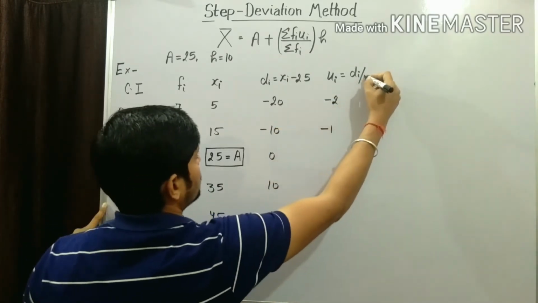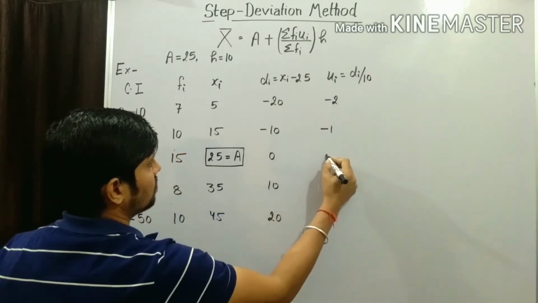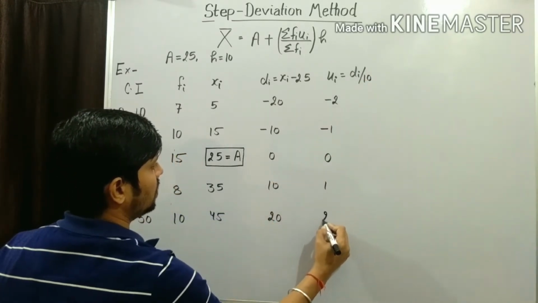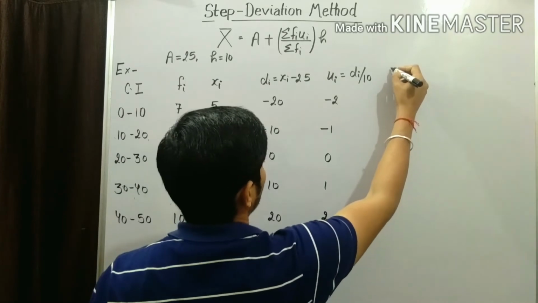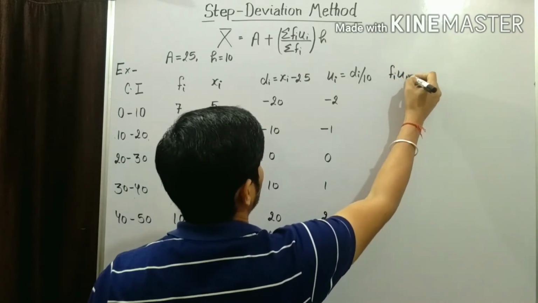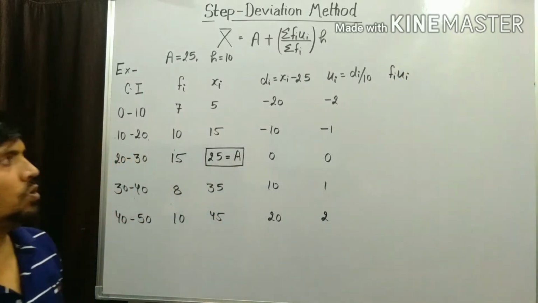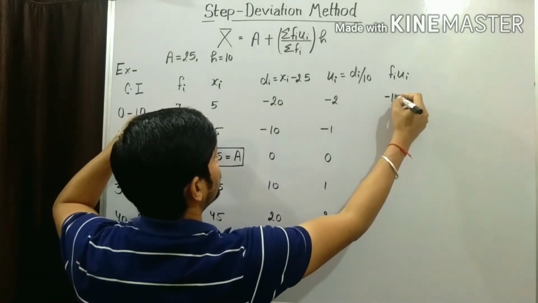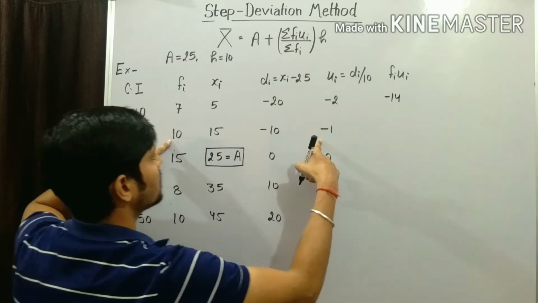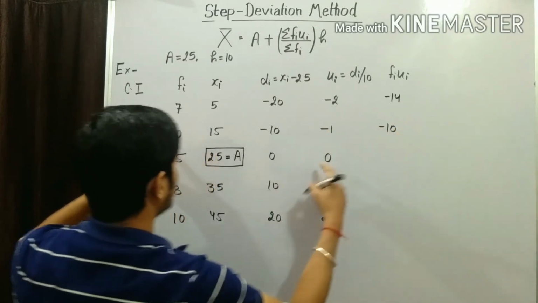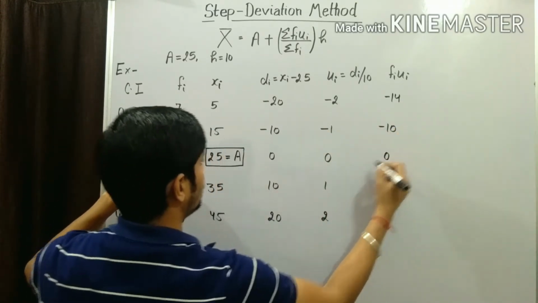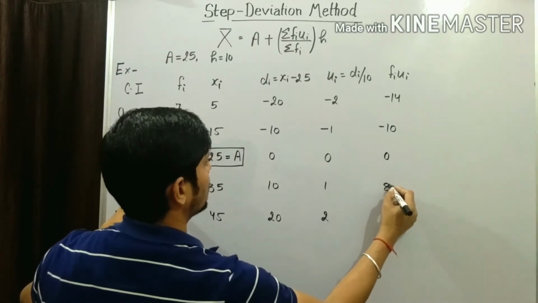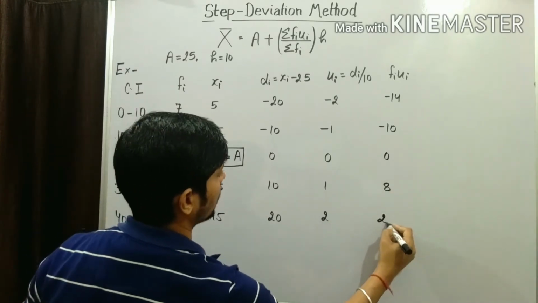This is 0, this will be 1 and this will be 2. Now we will find the value of fi into ui. This is fi, this is ui, multiply these: minus 14, minus 10, 0, 8 and 20.